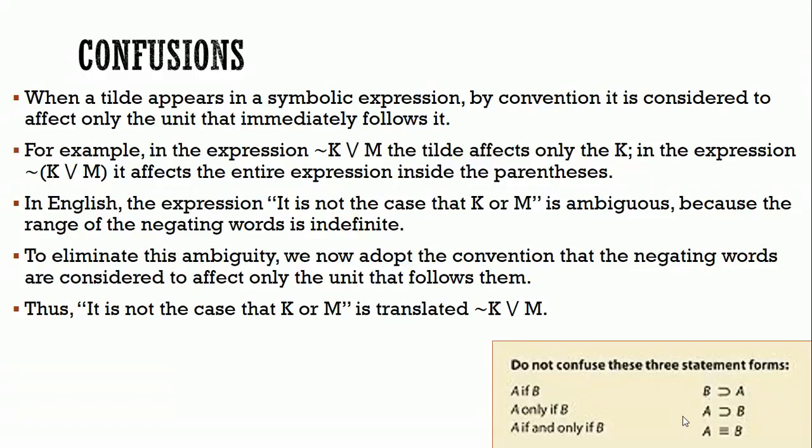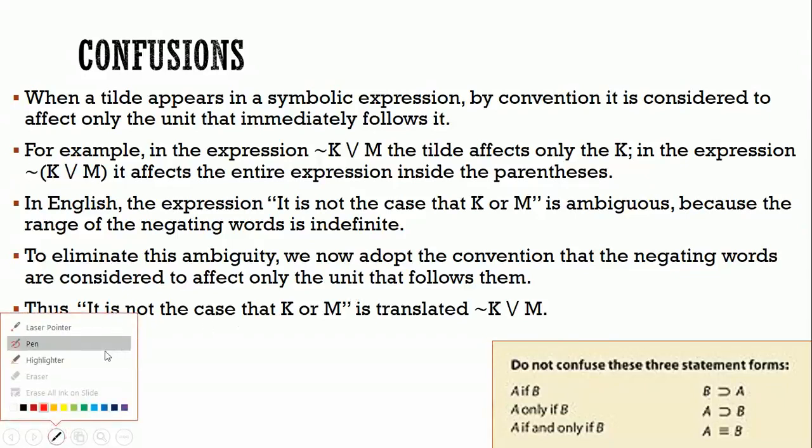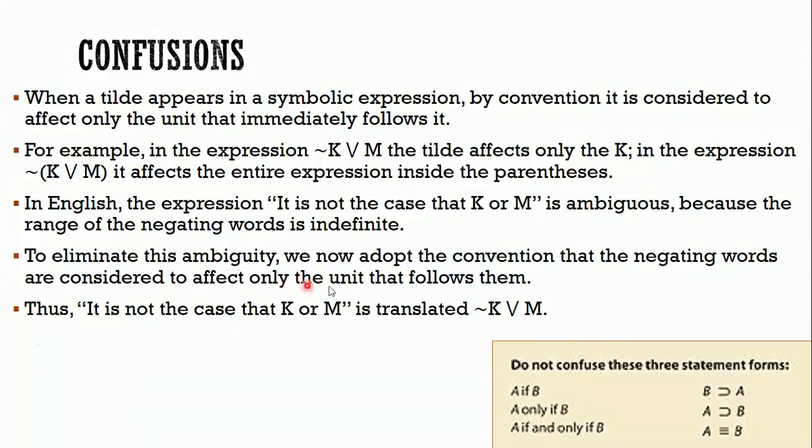So we have to eliminate ambiguity. We adopt the convention that the negating words are considered to affect only the unit that follows them. So, "it is not the case that K or M" is translated as not K or M.